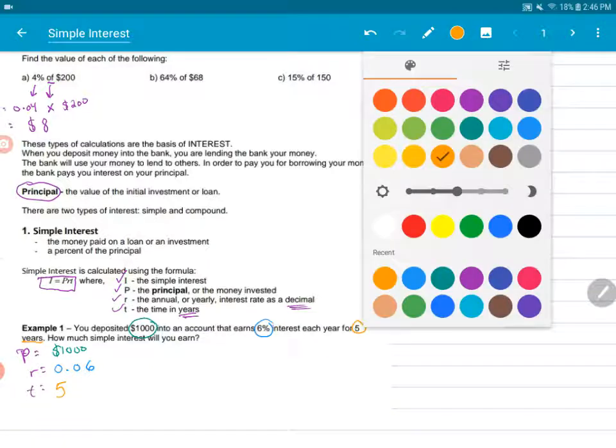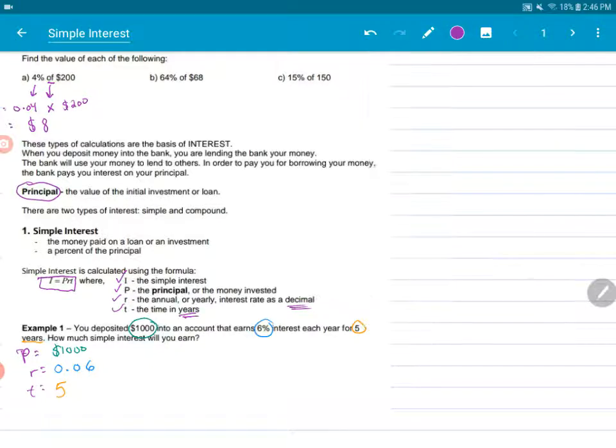Now that we have picked our important numbers, we can put them into our equation. I equals PRT. When all those numbers are side by side, it's just multiplication, right? So 1,000 times 0.06 times 5.